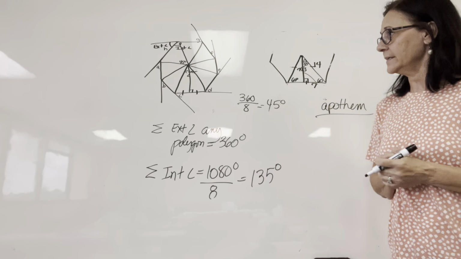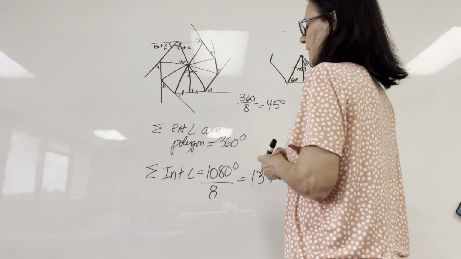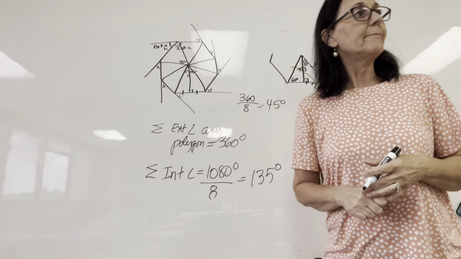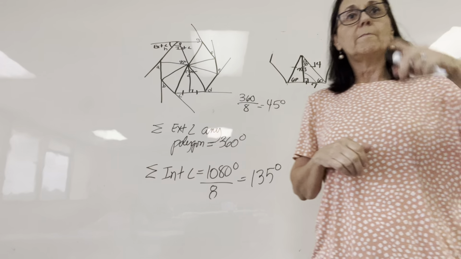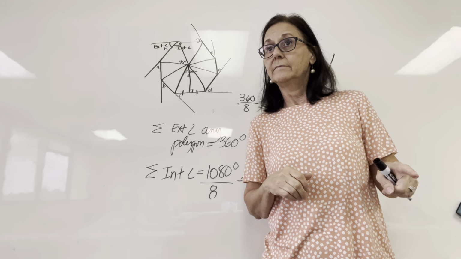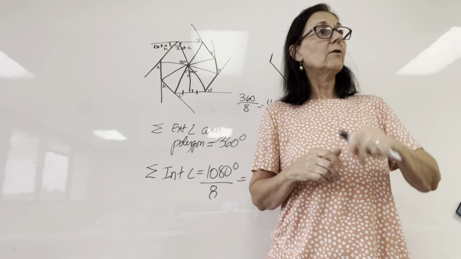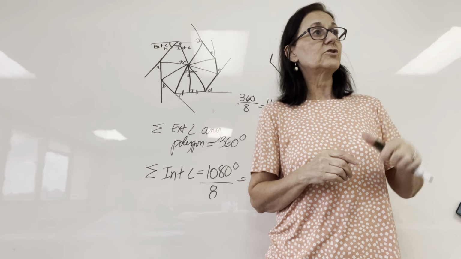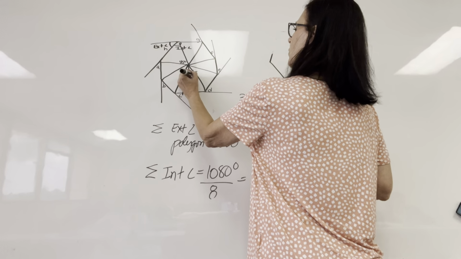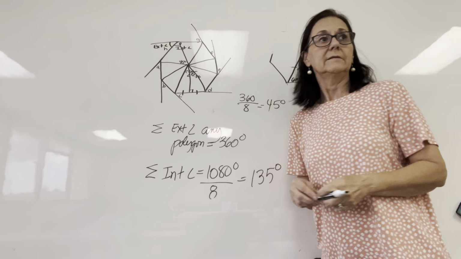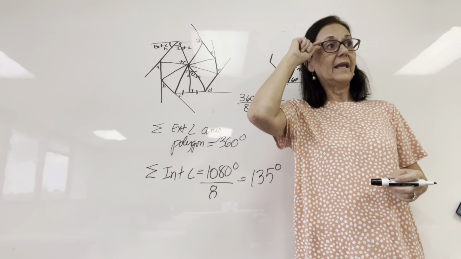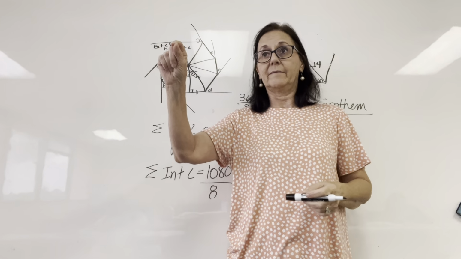It would bisect it. And it would also bisect that angle. All the apothems on regular polygons bisect the angle between the radii. So if the whole angle is 45, then the bisected angle is 22.5. Does that make sense? So this would have to be 22.5 degrees. So sides are bisected, angles are bisected when we construct or draw an apothem. You got it?